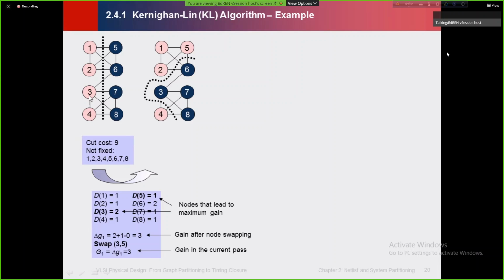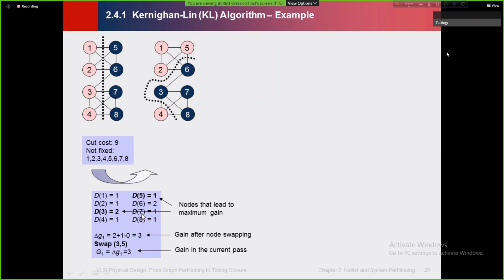Now we have to calculate the cost again for all the nodes other than 3 and 5, because those two have already exchanged their places, right?